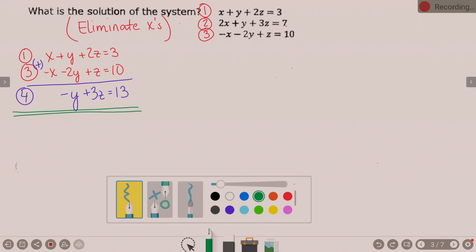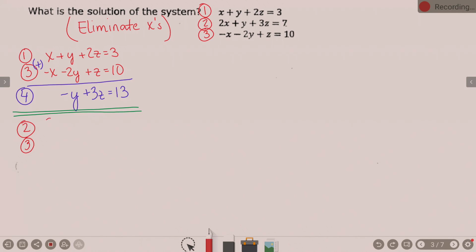Okay, guys, now we've got to pick 2 other equations. We have to use 2 now. I know you guys don't want to because there's a 2x there, but we have to use 2. 2 and 3, because they have the opposite signs already, maybe? Yes. Let me write down 2 and 3, and then I'll show you what we're going to do. 2 is 2x plus y plus 3z equals 7. 3 is negative x minus 2y plus z equals 10.